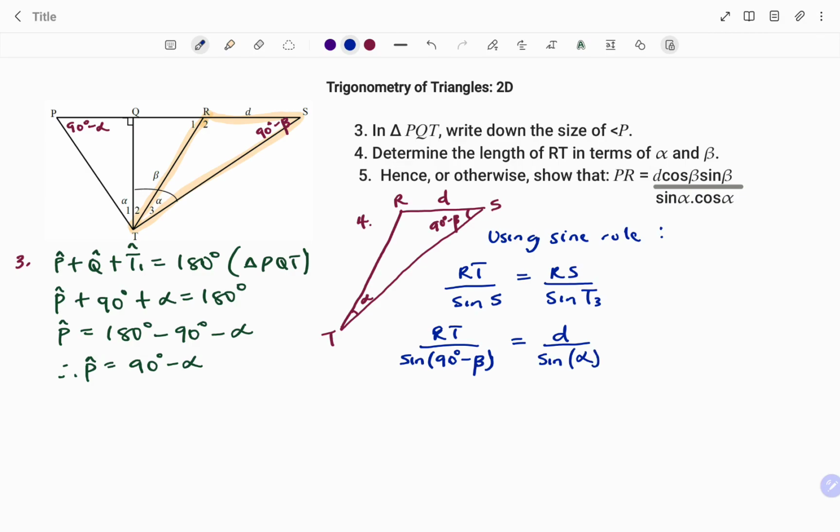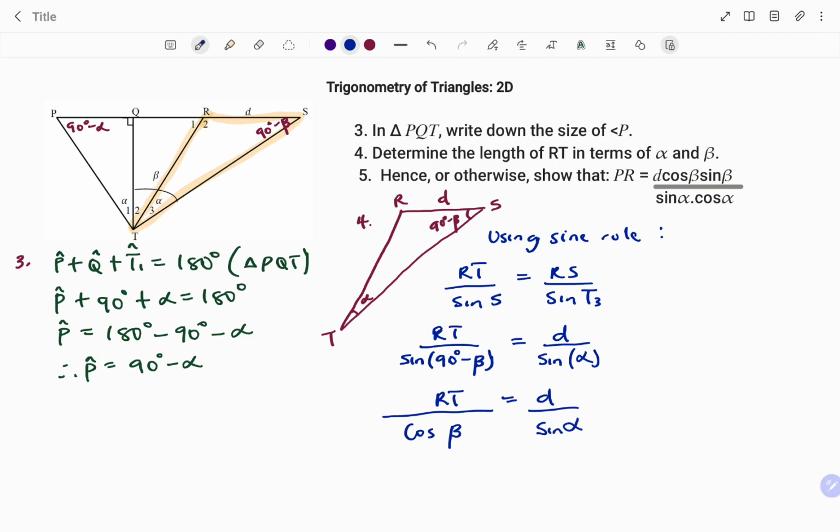So simplifying, I have the side RT over, using the cofunction trig identity, sine of 90 degrees minus beta gives us cos of beta, equals, I still have my D over sine alpha.